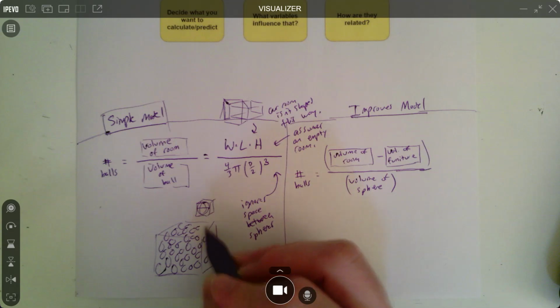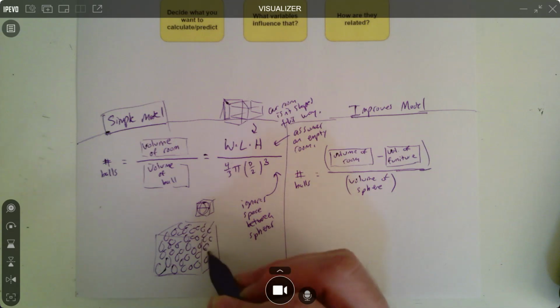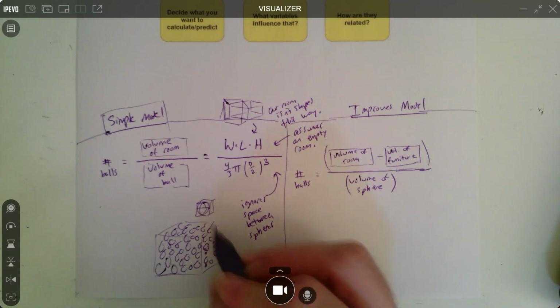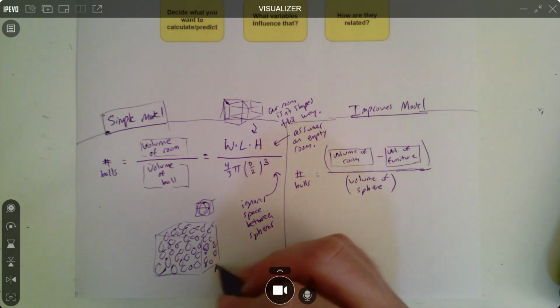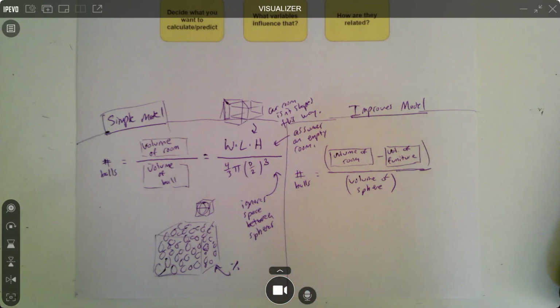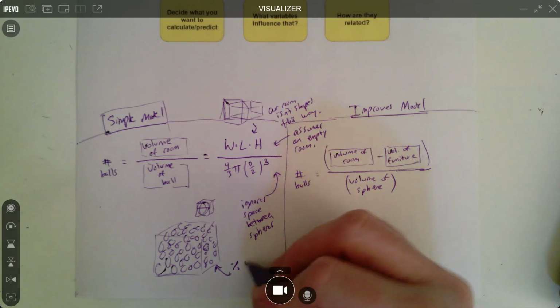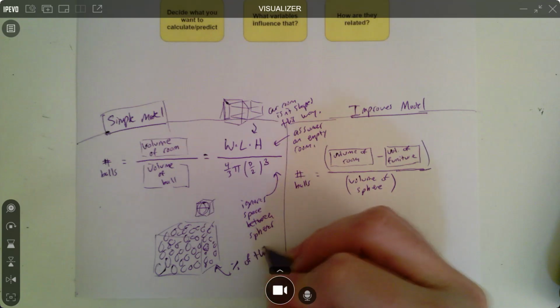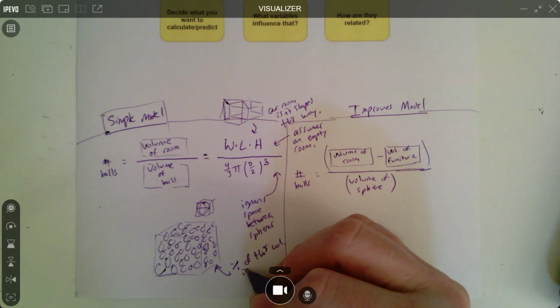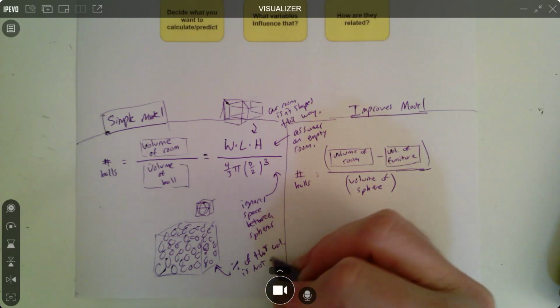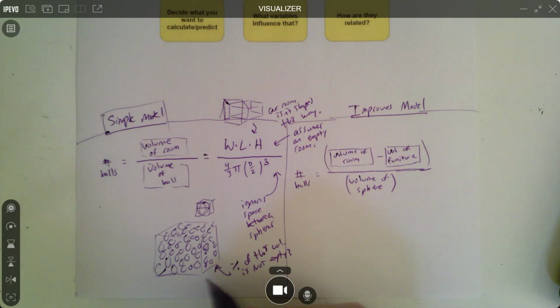Some of it's empty space. So you might ask, what percent of the overall volume is actually empty space? Or conversely, what percent of this volume is not empty? And that's the volume that gets filled up by spheres.